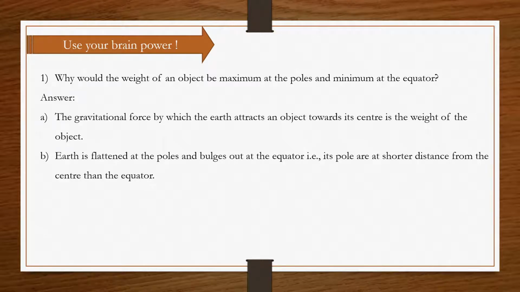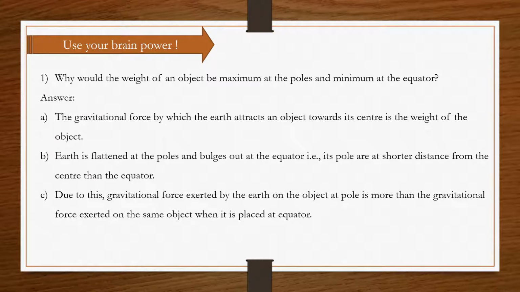That is, its poles are at a shorter distance from the center than the equator. Due to this, the gravitational force exerted by the earth on the object at the pole is more than the gravitational force exerted on the same object when it is placed at the equator. As a result, an object weighs more at the poles than at the equator.